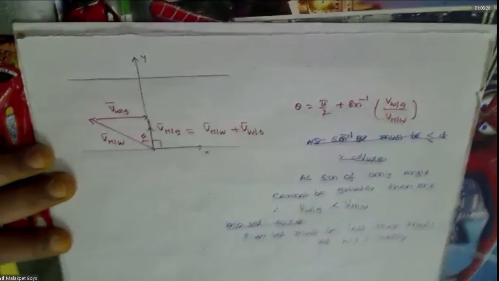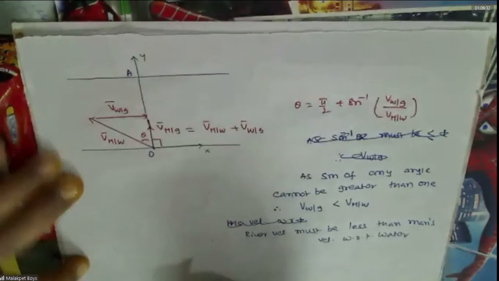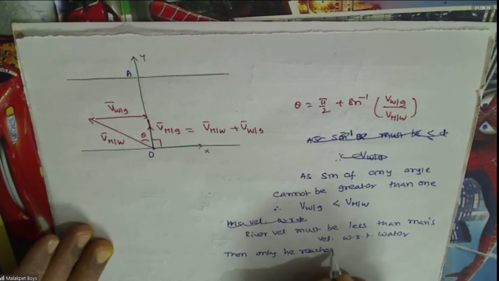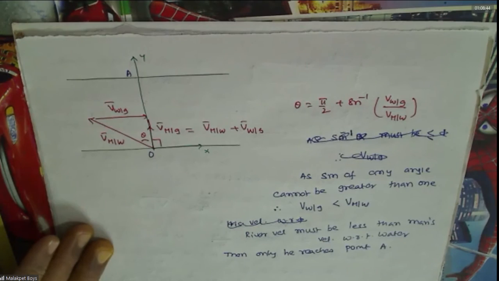Okay, this is the condition. Then only he can reach the point opposite to A. Understood this? Clear or not?